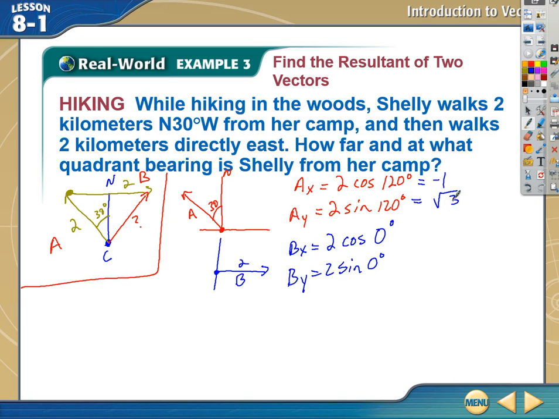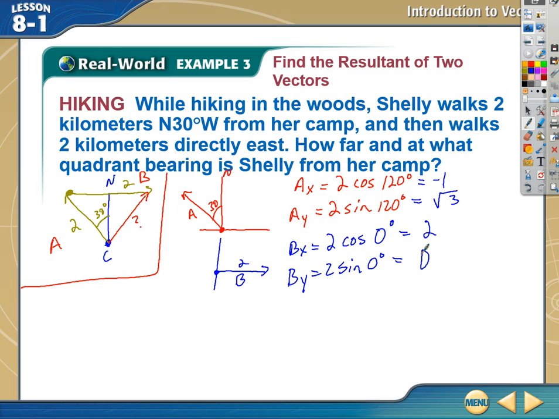And when I put in 2 cosine of 0, hopefully you see that the x component of this is the whole thing, 2. And the y component? It's not going up any way, so it's equal to 0, right? Now comes the easy part.